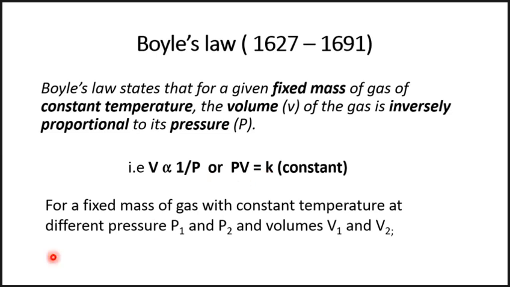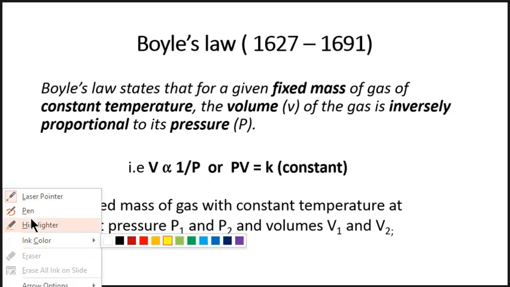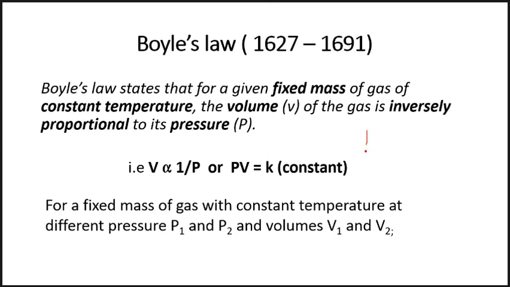So what I will be having in this case is P1 V1 equal to the constant, which is K. Then I will also be having P2, which is the second pressure, then the second volume V2 equal to the constant K. Now the first one and the second one have K in common, so all I just need to do is to combine these two expressions.